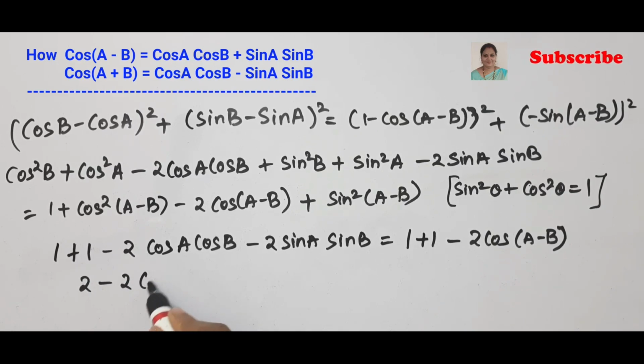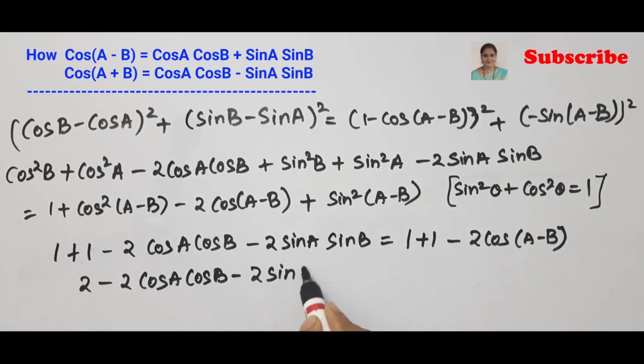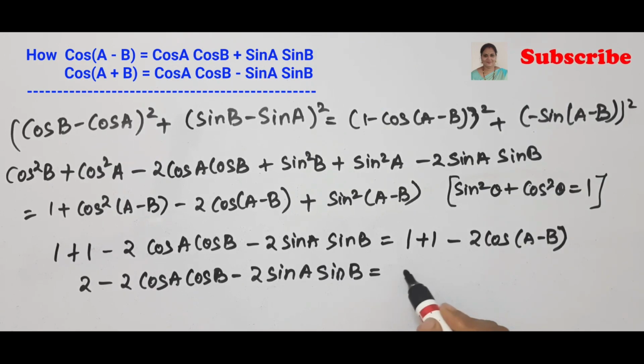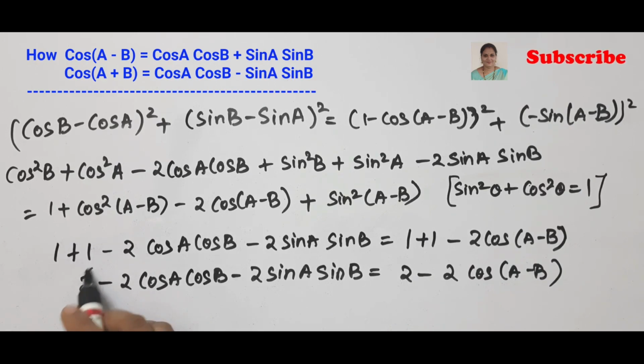So 2 minus 2 cos A cos B minus 2 sin A sin B equal to 2 minus 2 cos of A minus B. So here 2 cancels.